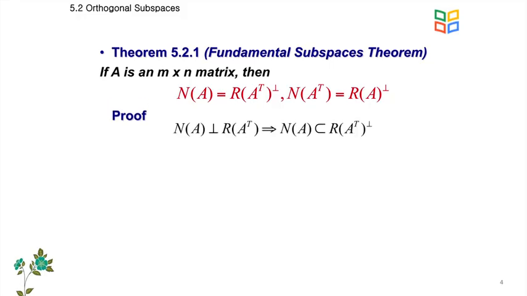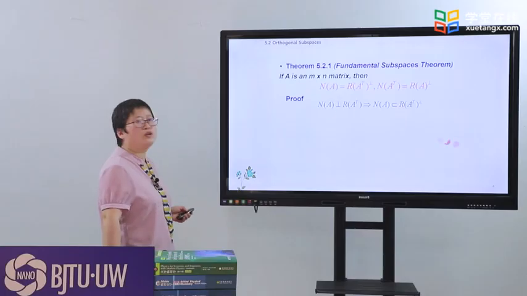It's not difficult to show that the null space of A and the range of A transpose are orthogonal. You can show that for any vector in the null space of A and any vector in the range of A transpose, the scalar product is 0. So they are orthogonal.